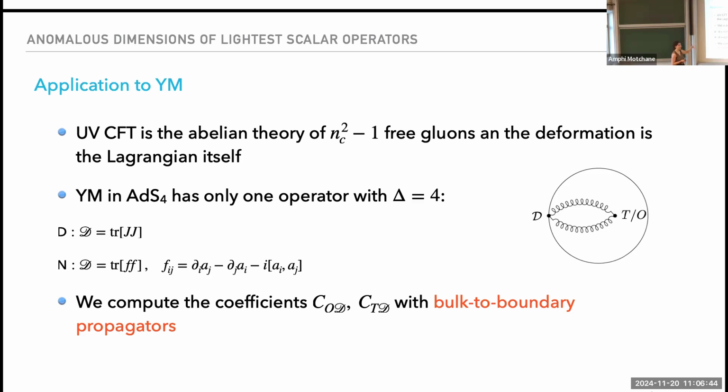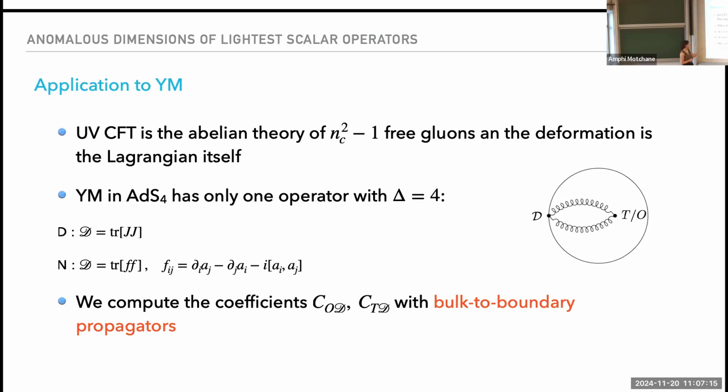For both the Dirichlet and Neumann boundary conditions, there is just one operator which at g equal to 0 has dimension delta equal to 4, which is the dimension of the displacement operator in a 4-dimensional AdS space. These are trace JJ for the Dirichlet boundary condition, and trace FF, where F is the field strength of the 3-dimensional gauge field at the boundary, for Neumann boundary condition.